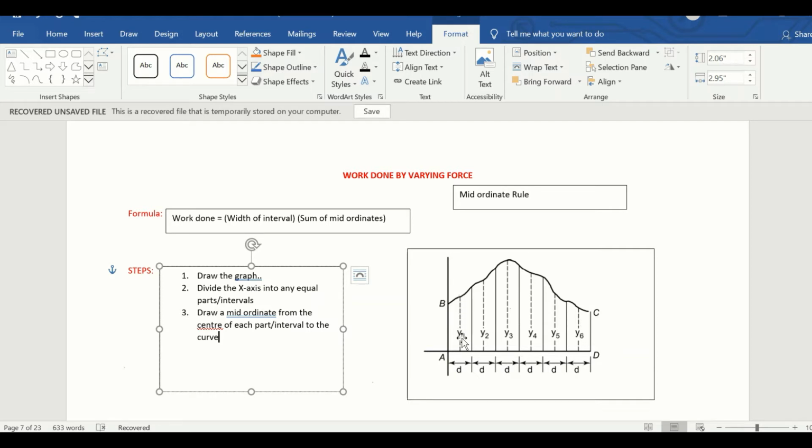This straight line you draw is called the mid-ordinate. So y1, y2, y3, y4, y5, y6 are called mid-ordinates.